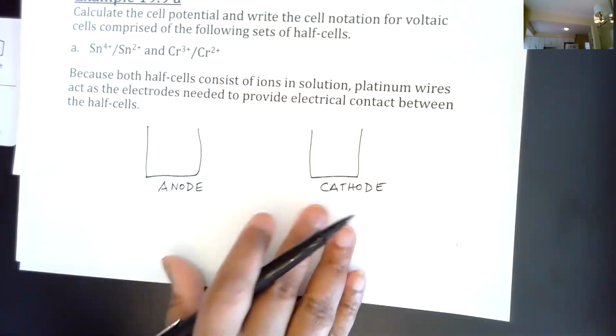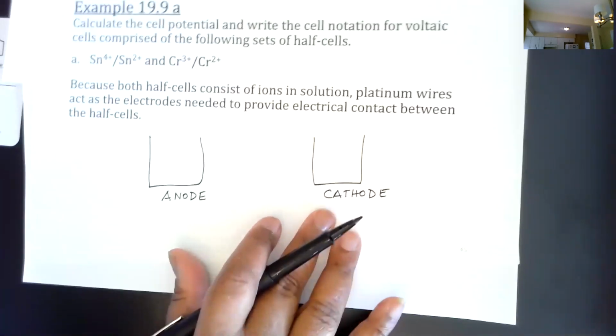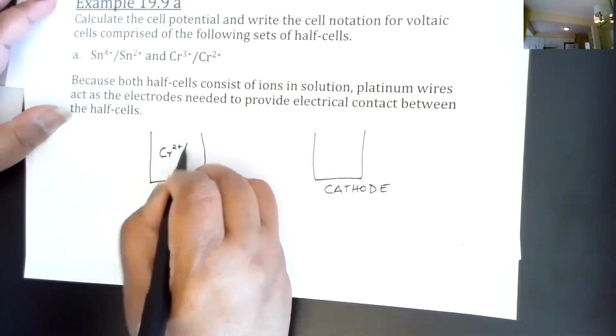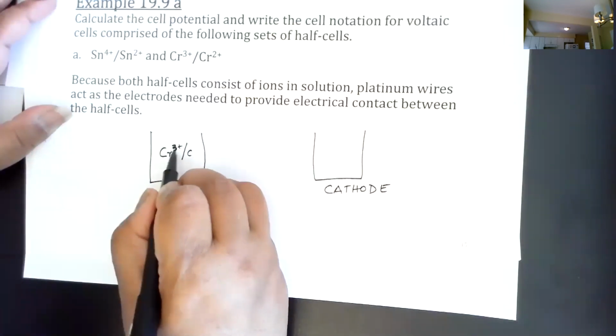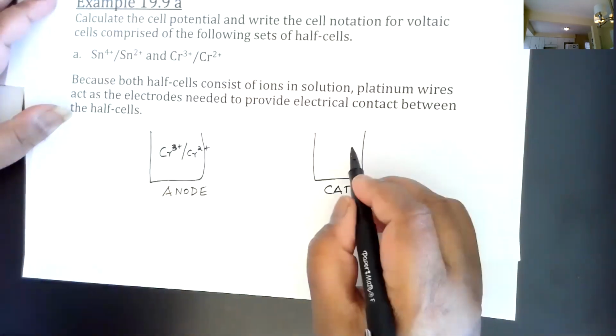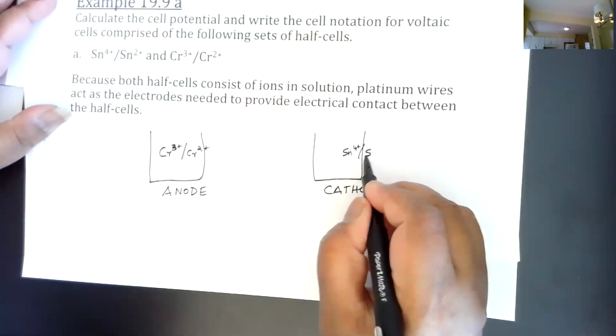Anode is the one with the lower potential, so that is Cr2+, Cr, I'm sorry, Cr3+, Cr2+, and then I have Sn4+ / Sn2+.